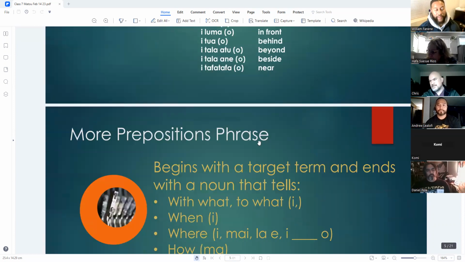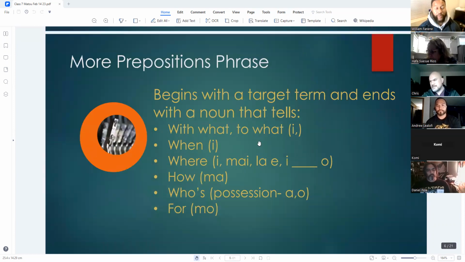All right, but here are some other ways to start. Other prepositions to start. So we talked about E. When words also start with E, we do have some examples in the subsequent slides after this. If we're talking about where something is, again, we have E. We also have mai.